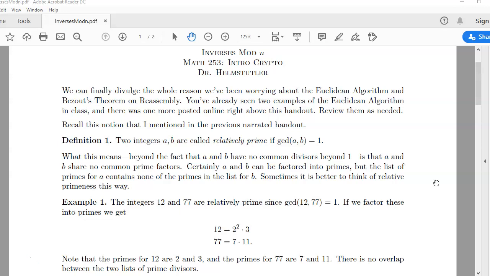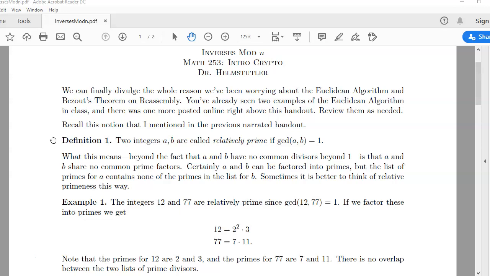So recall this notion I laid out in the previous handout, which is when two integers are called relatively prime. We say this a lot in crypto, but it just means that their GCD is 1. So two integers a and b are called relatively prime if the GCD is 1, okay?